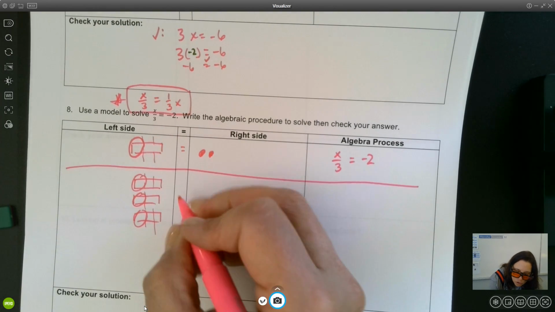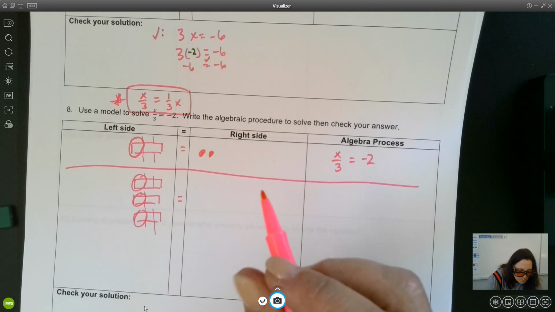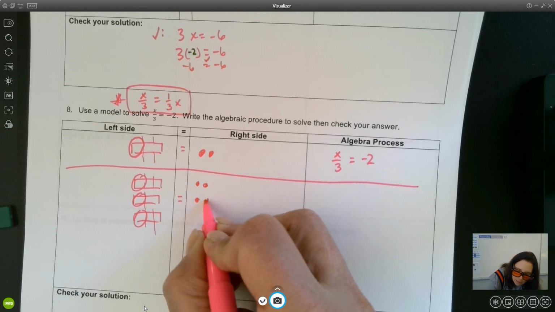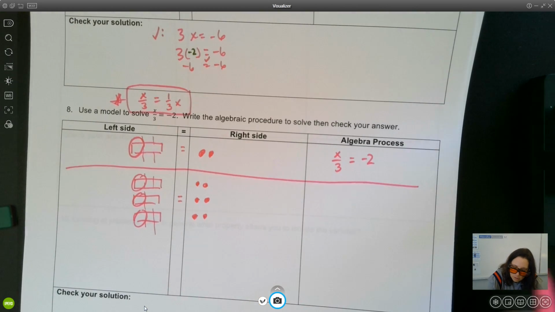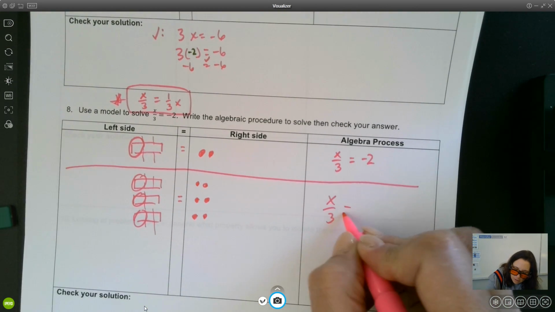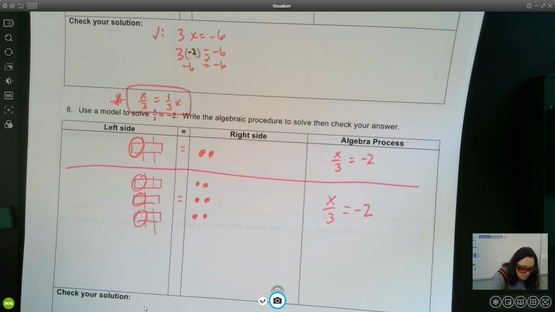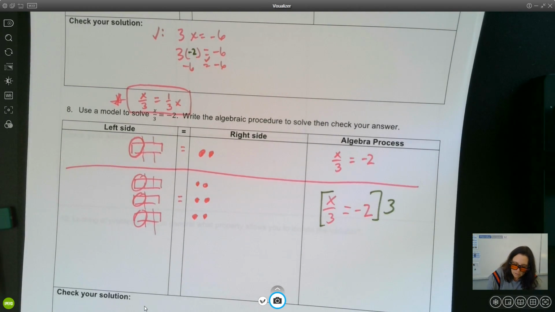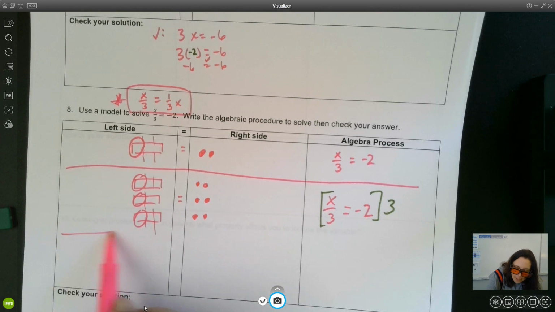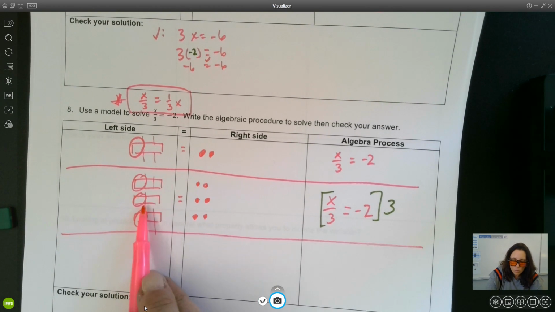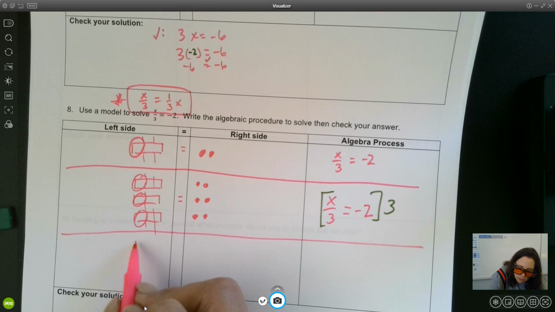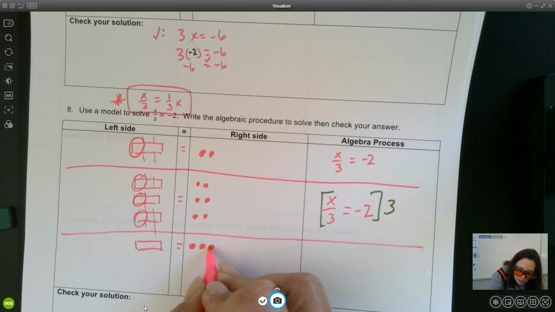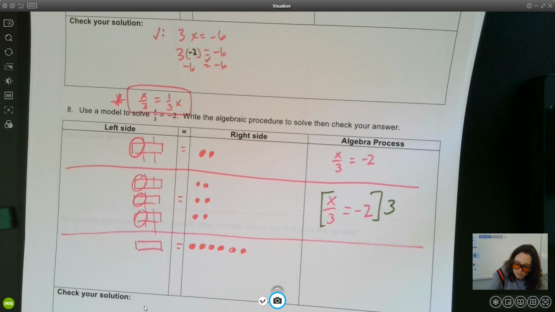So there's that picture tripled, and here's this side tripled, and then here's this thing tripled. All right. 1/3, 1/3, 1/3 makes a full x equals 6 negatives. 1, 2, 3, 4, 5, 6.